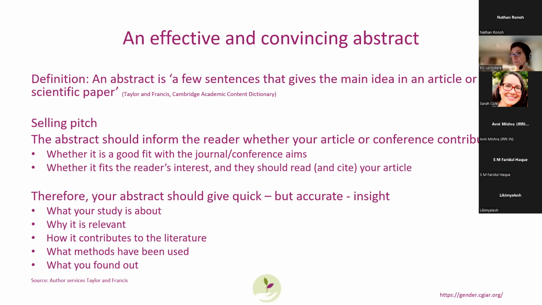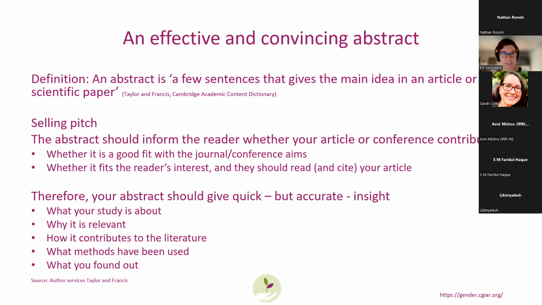They will find your article maybe based on title or on keywords, and then they'll read your abstract. And from the abstract, the reader should be able to assess, okay, what is this study about? Is it interesting for me? What methods have been used? And if you can convince that reader, he or she will read your article and hopefully cite your article in their work.